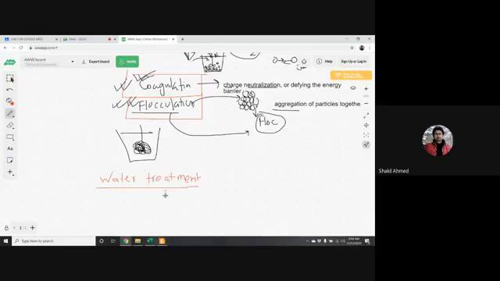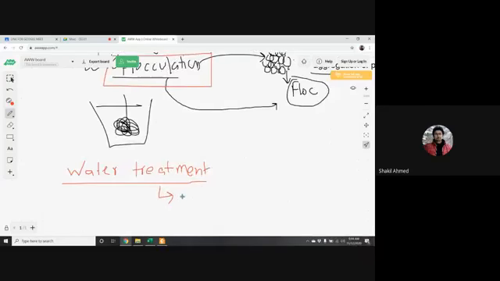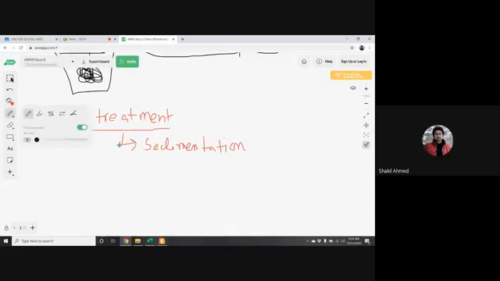In that we discussed in detail and also solved problems on sedimentation. And we discussed that if the particle is very small, then sedimentation is not effective. Then we need to apply coagulation and flocculation.